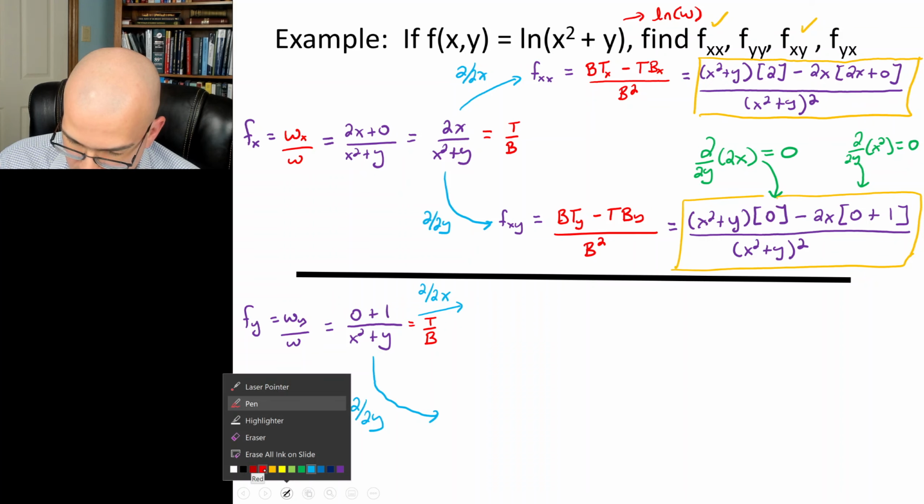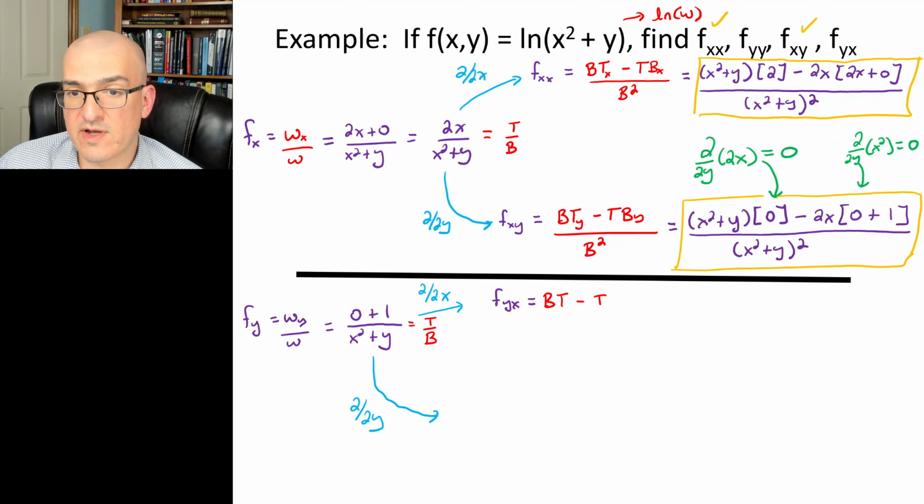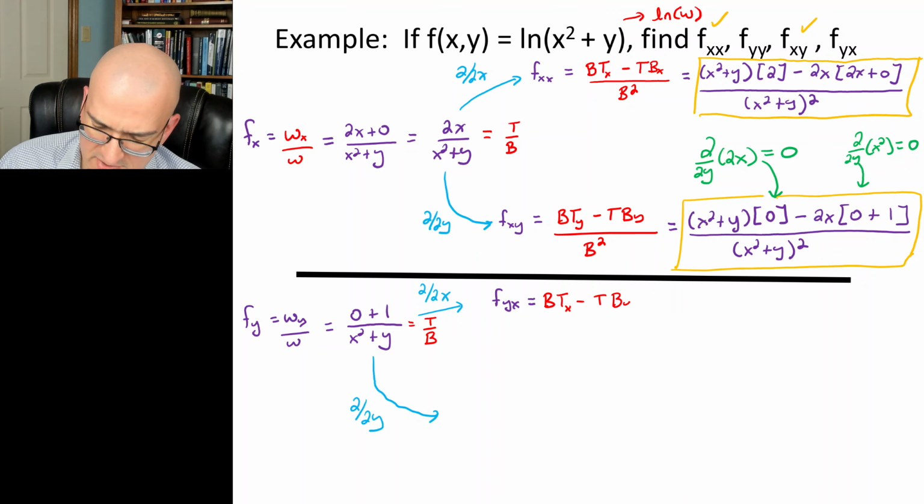Okay, so we will have fyx is equal to bt prime minus t. No, I just did it prime. It's not prime. We're taking the x derivative of what we just found of f sub y. So bt sub x minus tb sub x. What am I doing? Only x derivatives, all divided by b squared.